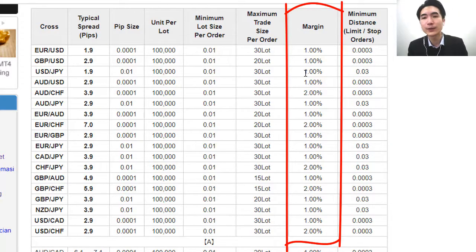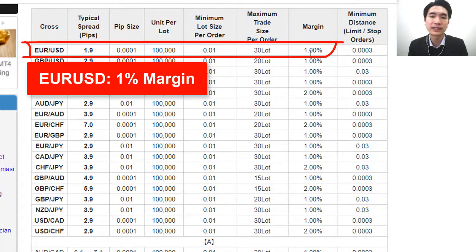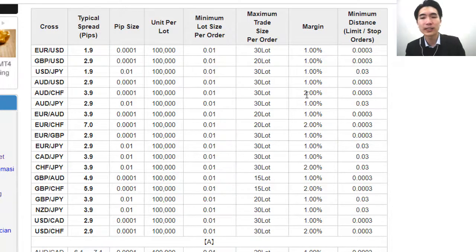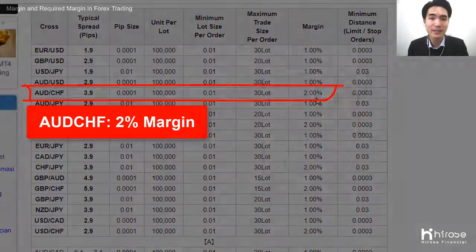For example, for Euro and US dollar, the margin is 1%. For Australian dollar and Swiss franc, the margin is 2%. That's how you find out the margin for different currency pairs.